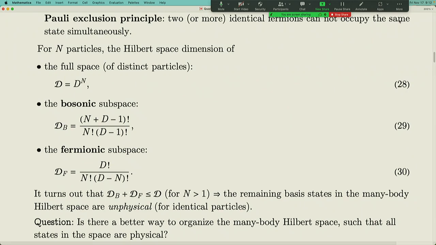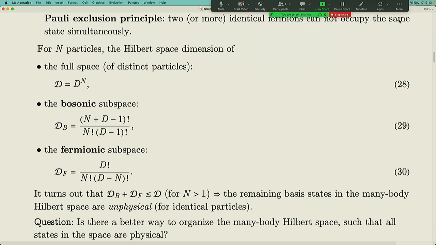You can count how many bosonic states there are in the many-body Hilbert space and how many fermionic states there are. This d to the power n is the total dimension of the Hilbert space, and there's a bosonic subspace of this dimension, and a fermionic subspace of the other dimension.